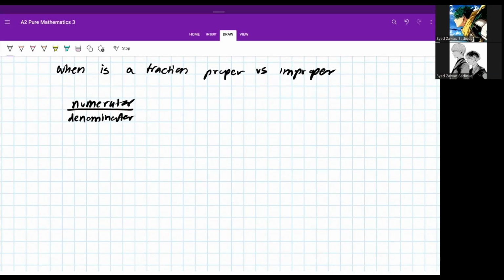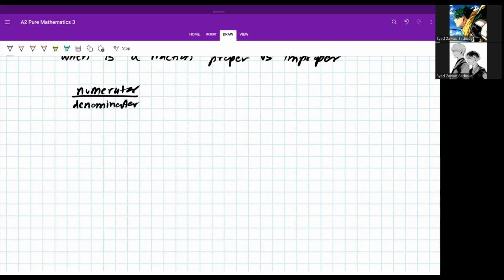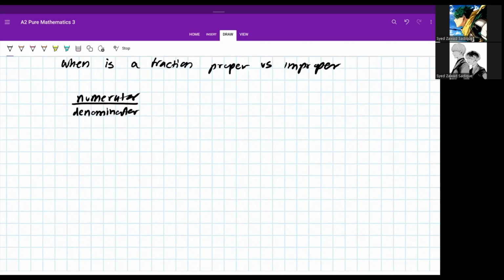So if, let's say, there is a sum where we look at the degree of the numerator, consider this fraction: this is numerator over denominator.